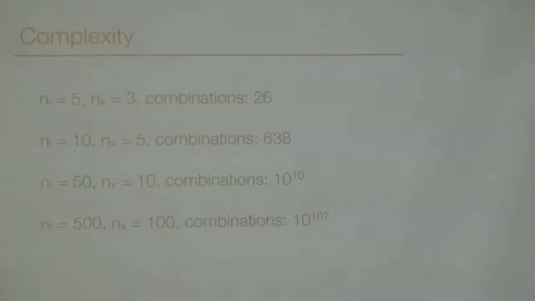And just to put this into perspective, the number of atoms in the whole observable universe is estimated to be between 10 to the power of 78 and 10 to the power of 82. In other words, a rather simple case with 100 optimization variables and 500 constraints has more combinations than there are atoms in the whole universe.